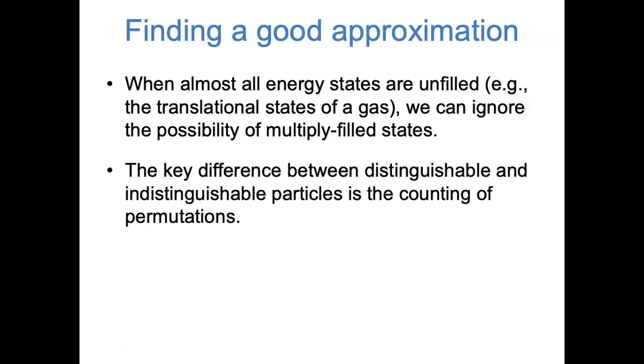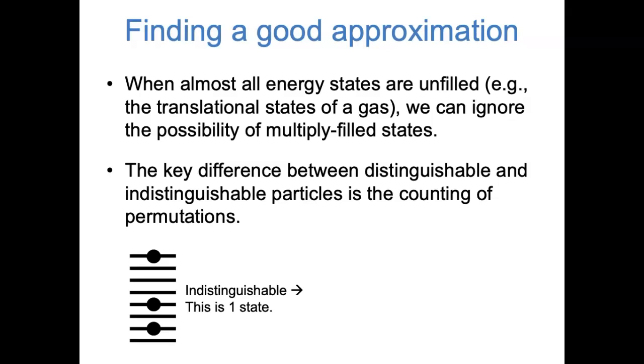That means that the key difference between distinguishable particles and indistinguishable particles in terms of their partition functions is in the counting of permutations. If we have, for example, 3 indistinguishable particles in the 3 energy levels in this picture, this only counts as one state because they're indistinguishable and we can't label the particles differently.